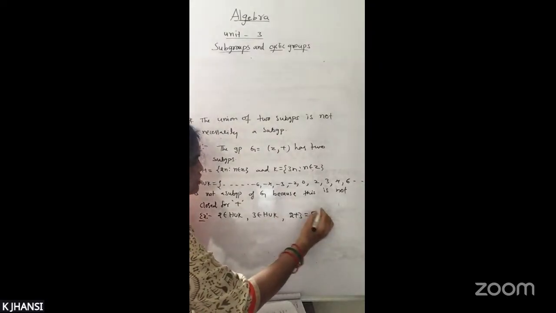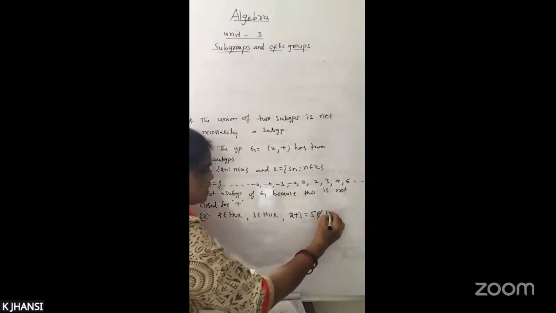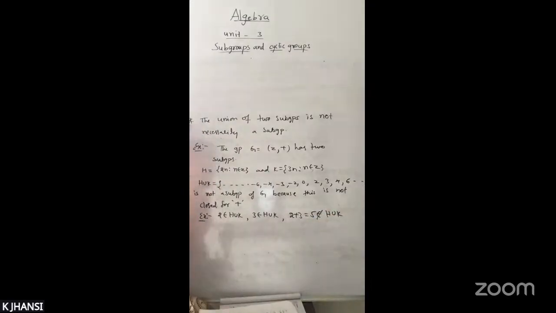Does this belong to H union K? It does not belong to H union K. Therefore, 5 does not belong to H union K. So by this we can say that the union may not necessarily be a subgroup.